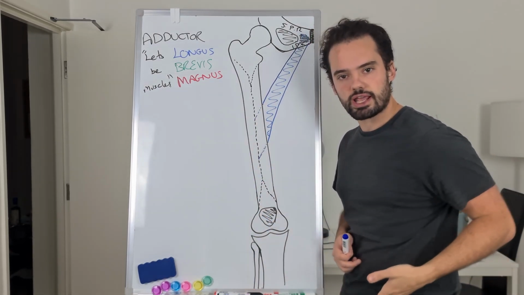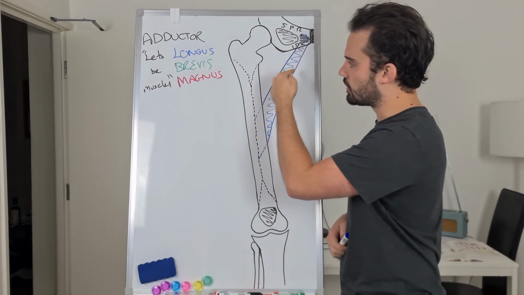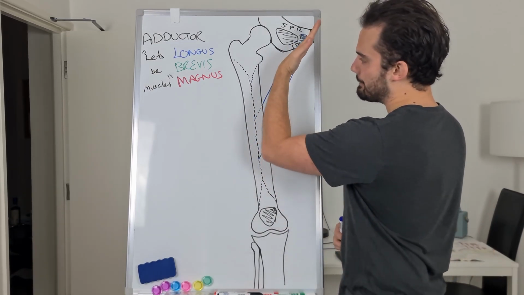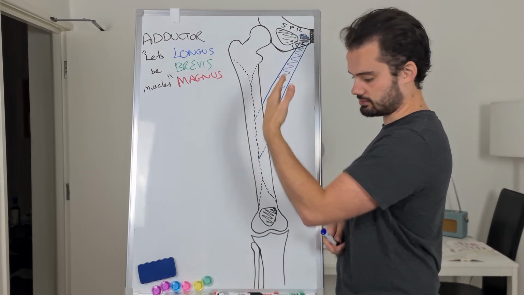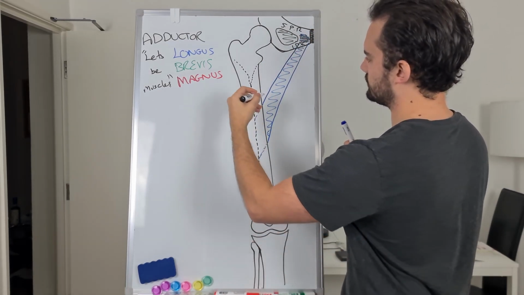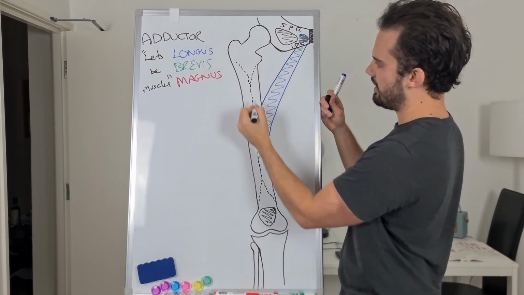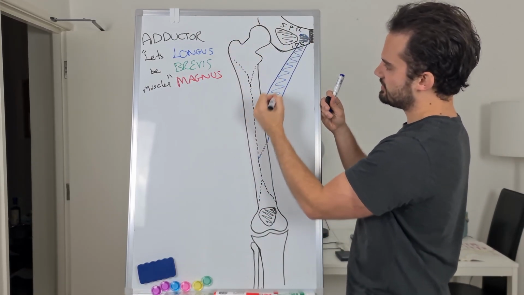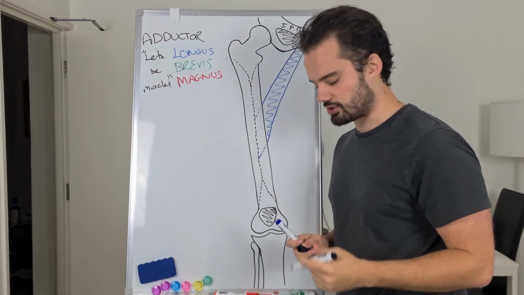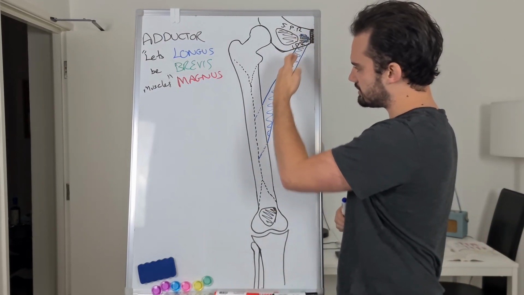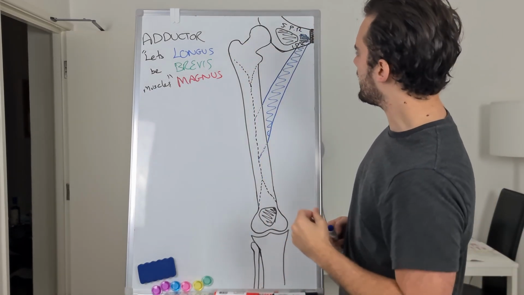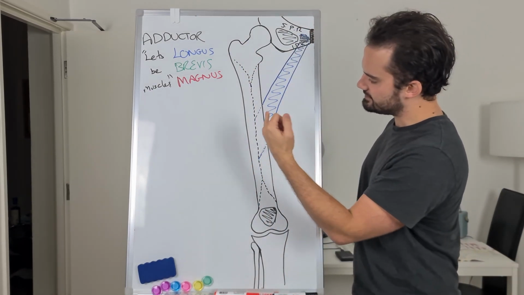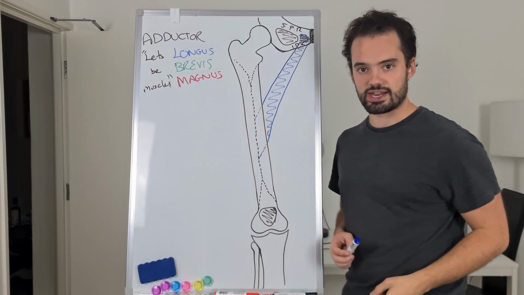Adductor longus contributes to the medial border of that triangle. But yes, you should be able to see adductor longus quite easily from an anterior perspective. Pubic body down to middle third of linea aspera.